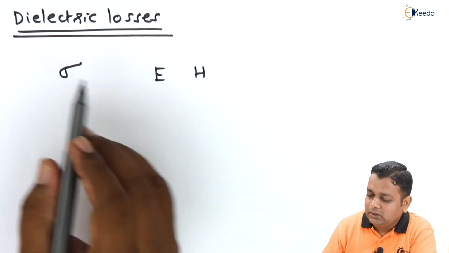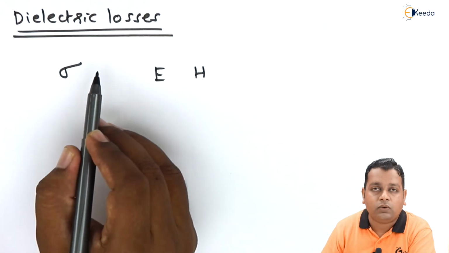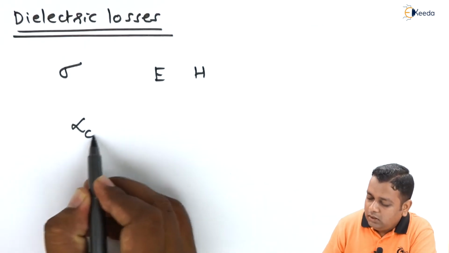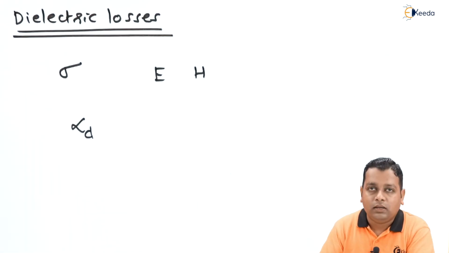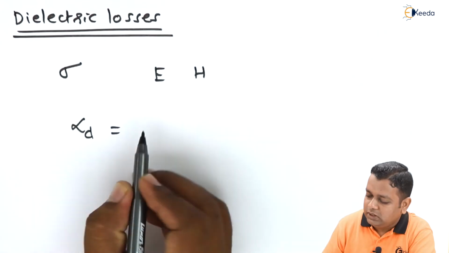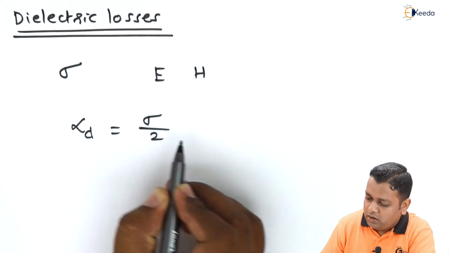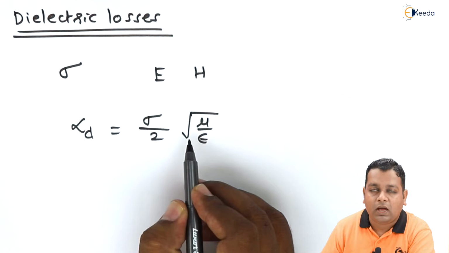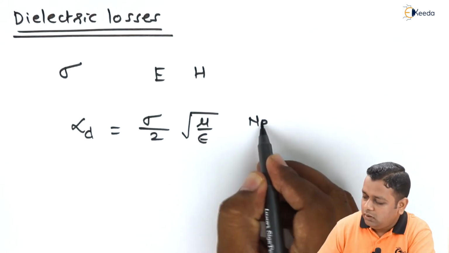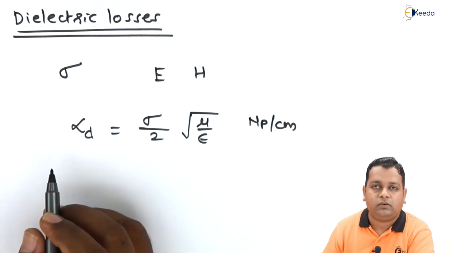So in that case the dielectric losses are accounted in terms of the attenuation constant alpha suffix d here, and alpha suffix d is given as sigma divided by 2 in multiplication to the square root of mu divided by epsilon in terms of Nepers per centimeter.